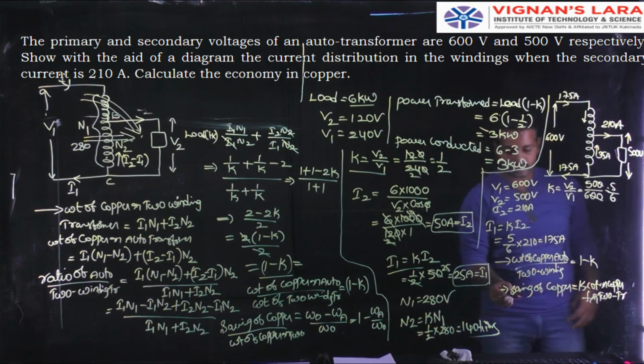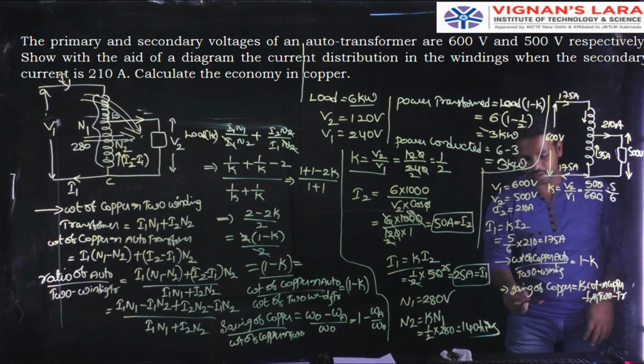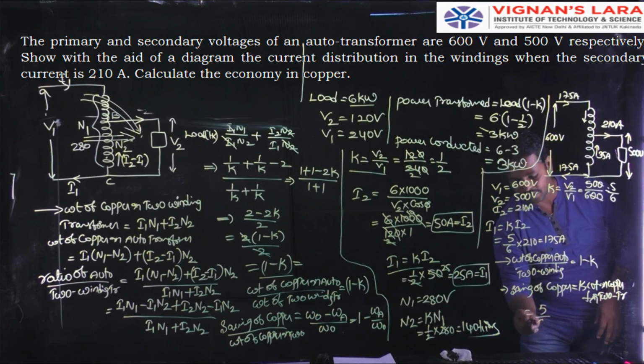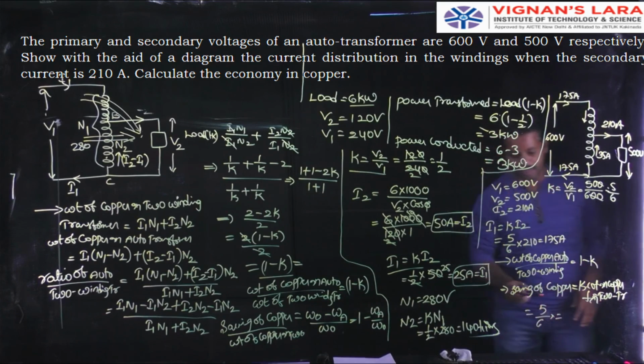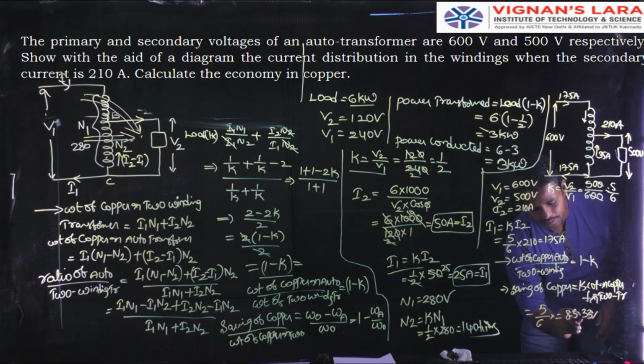So the saving of copper, or economy of copper, is equal to K, which is 5 by 6, so that is equal to 83.33% of copper saved in the auto transformer compared to a two winding transformer.